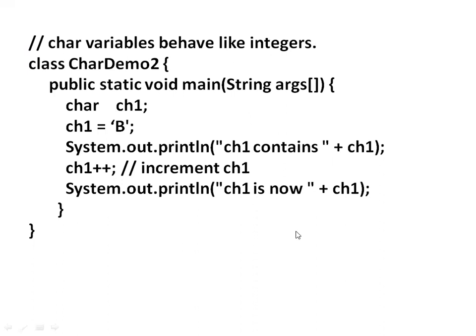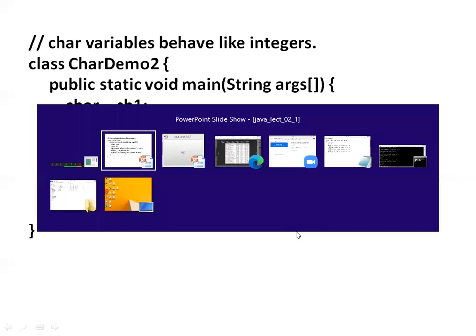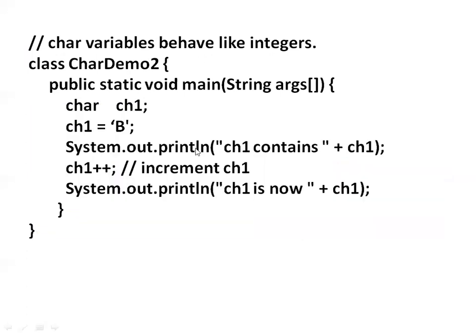What is the ASCII value of capital B? 67 is capital A and 68 is capital B here. So 68 plus 1 will be done. 68 plus 1 will be performed there.